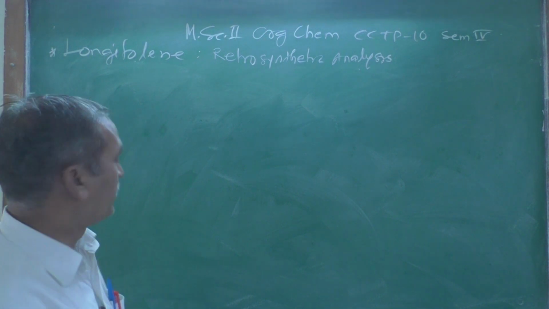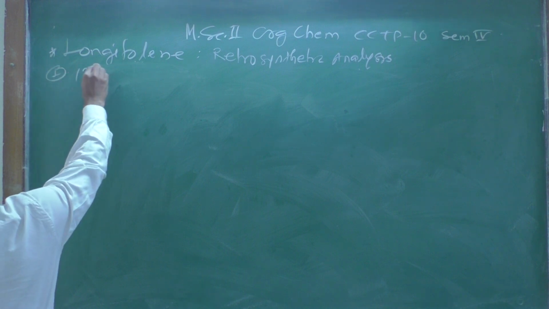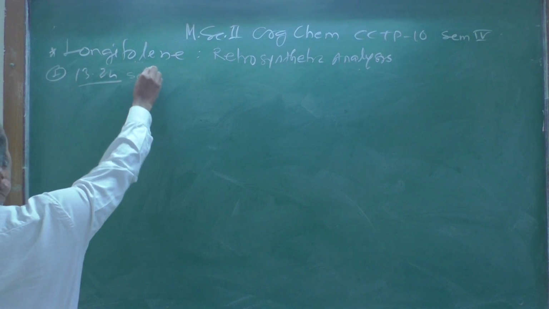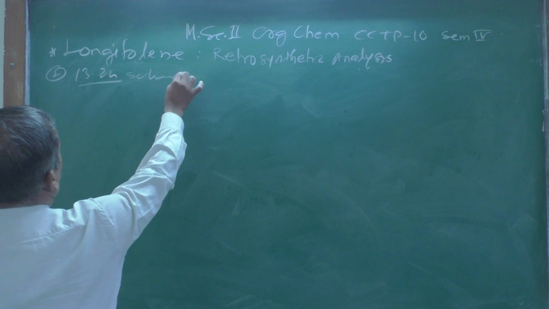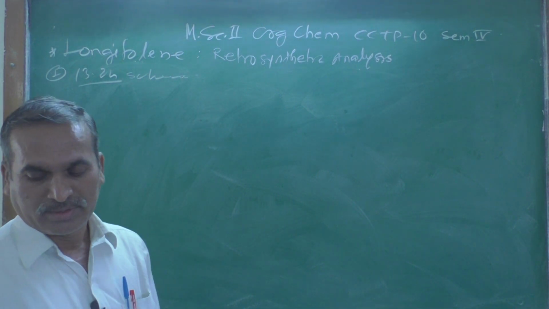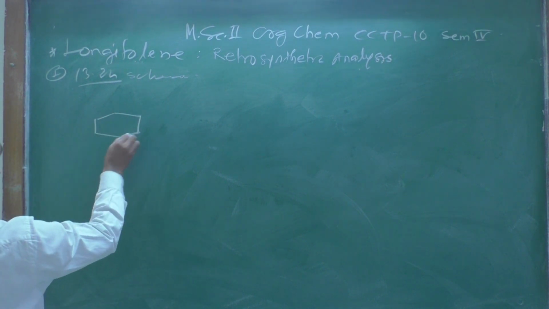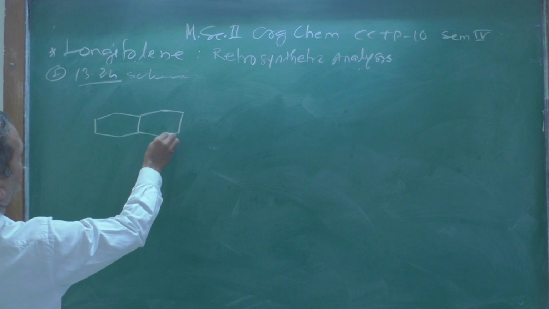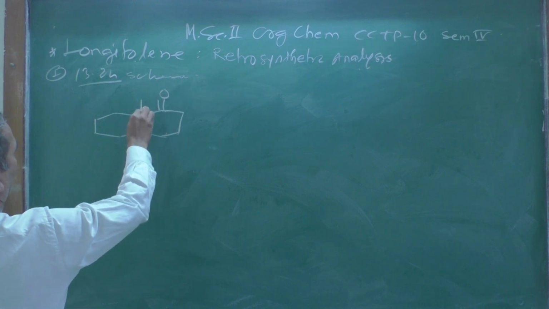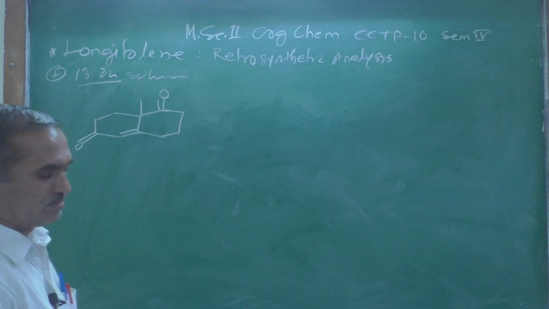Let's see the first synthesis, in scheme 23.24, where we are starting. The starting material will be this one, with a carbonyl group, one methyl group, and a double bond, and this is the compound.